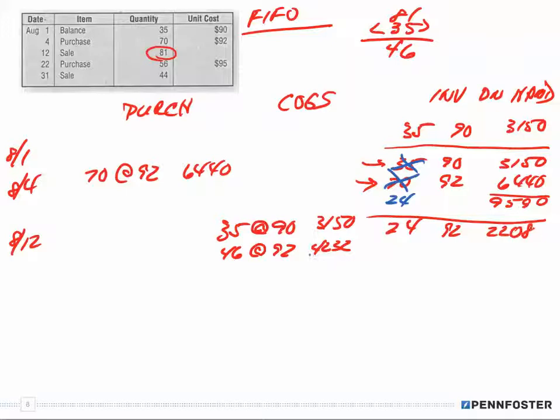Now I could have added these two together, 7,382. If my total inventory on hand was 9,590 and I subtract out the 7,382, I'll come up with 2,208. That's my double check to make sure I'm doing the math right.